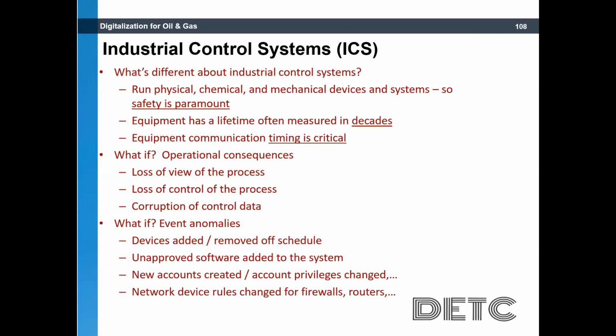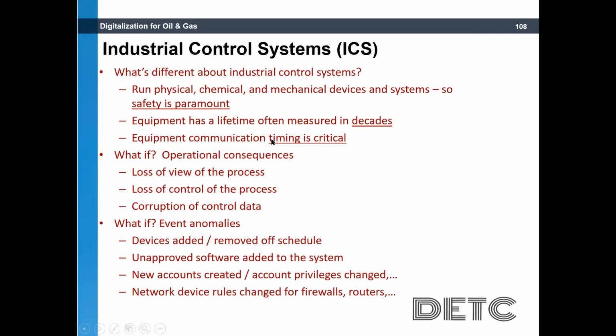The industrial control system is special in that it runs physical, chemical, and mechanical devices, systems, and processes. So safety is of great importance because they prevent cyber-initiated incidents. The long-lived assets have a long life cycle, which is decades, 50 plus years.